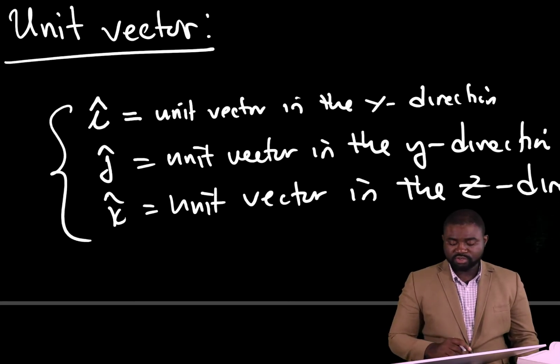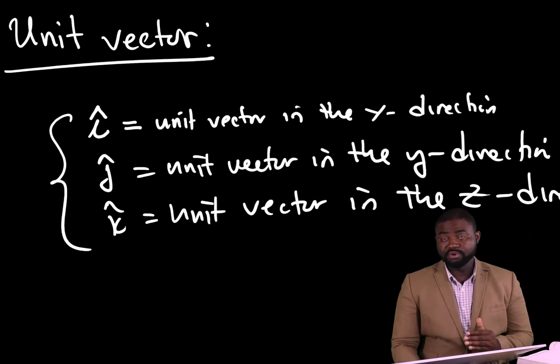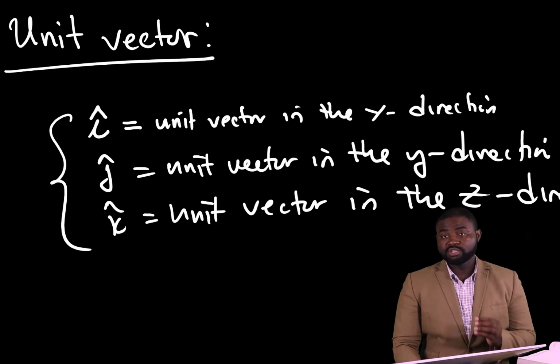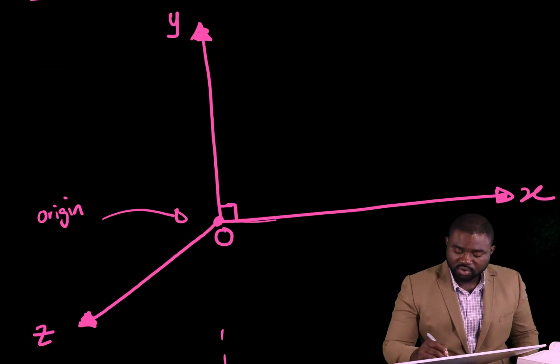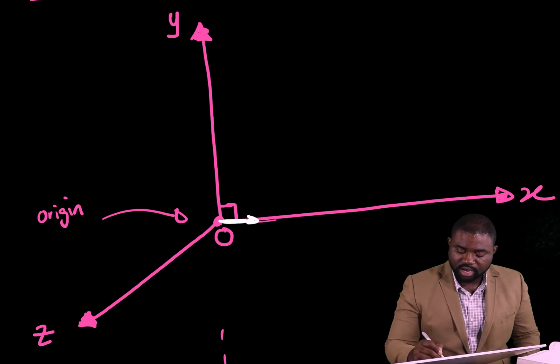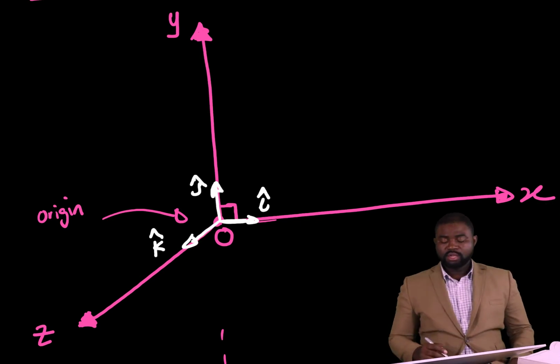These 3 unit vectors, you will encounter them often, and so you need to always remember that i represents the unit vector in the x direction, j represents the unit vector in the y direction, and k represents the unit vector in the z direction. So if we want to represent our unit vectors here, this will be i, this will be j, and this is going to be k. And this is very important.